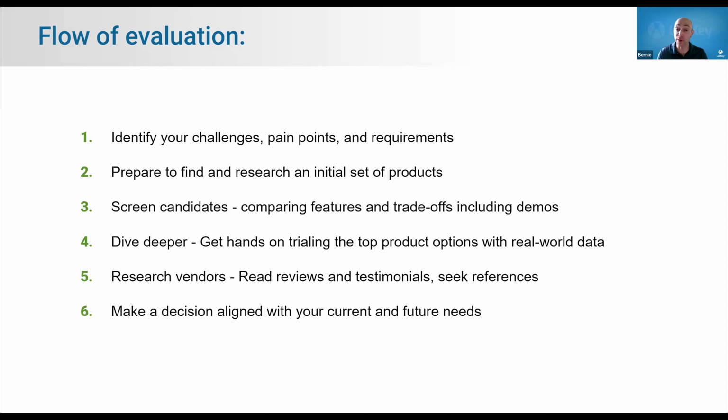Fourth, dive deeply into the top candidates, get a feel for what working with them will be like with all their trade-offs. Fifth, make sure you like the company, the people, the process. You're considering a very long-term commitment here. And sixth, make your decision, align with current and future needs. See, easy as can be.